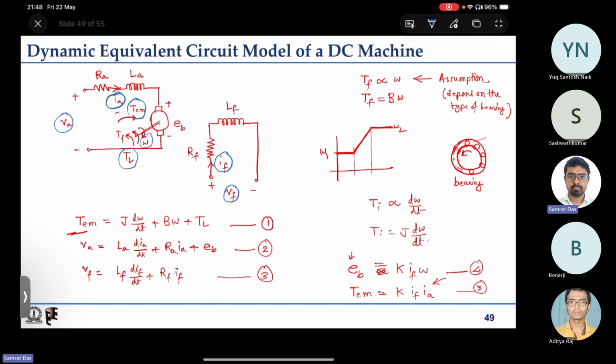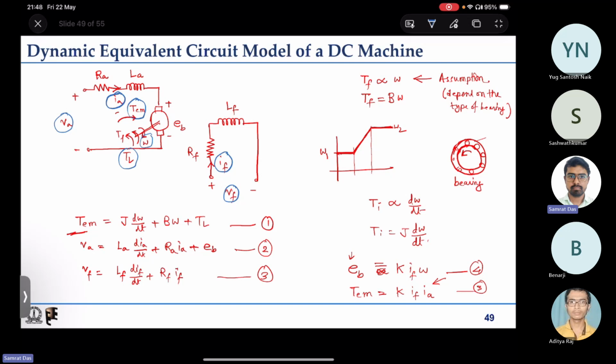These quantities are called the variables, and among the variables we have some quantities which the user will be controlling. The user can control or change them to get something desired. Those are the input quantities or input variables.